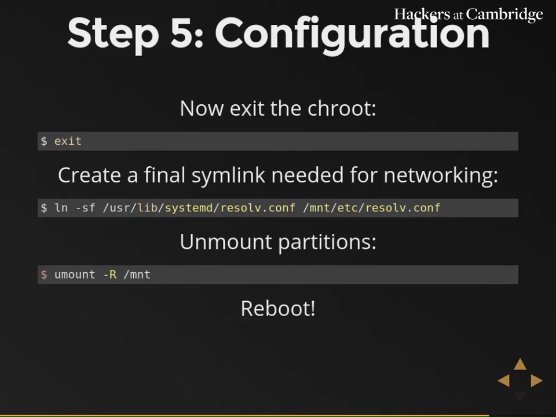We need to create one last symlink. We couldn't do this from inside the chroot because of the way that the chroot works, so we'll just do it now. That's just for DNS resolution. Again, -s is for symlink, -f is to overwrite what was there before. Make sure you're putting /mnt at the beginning of this one.